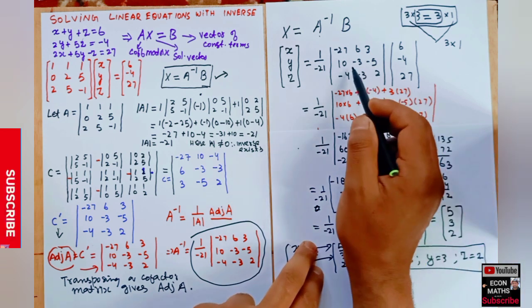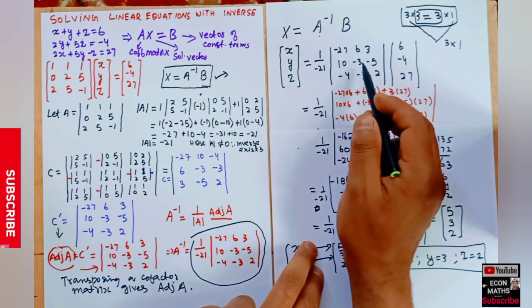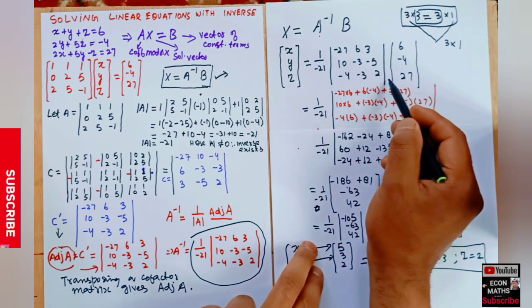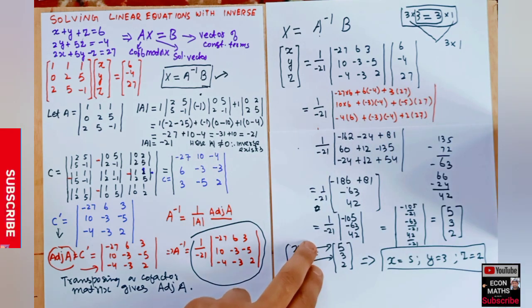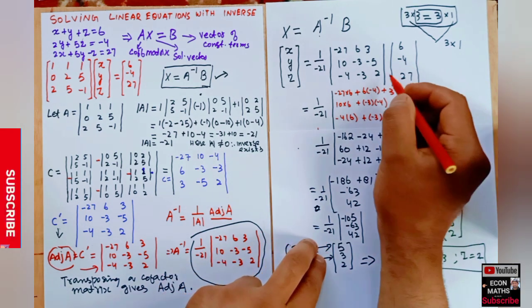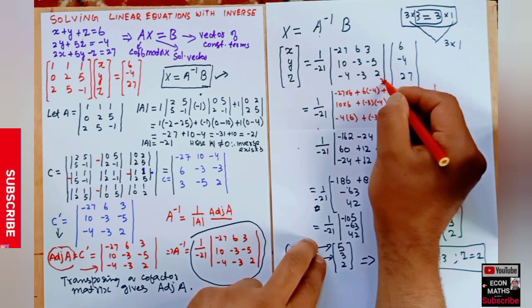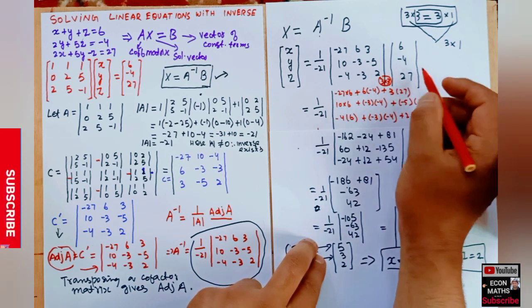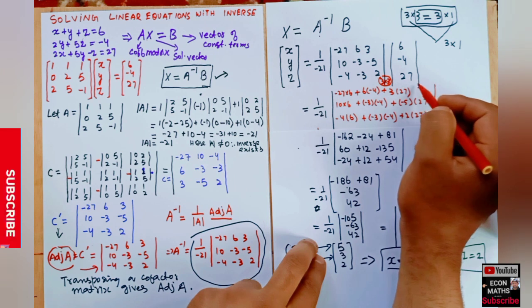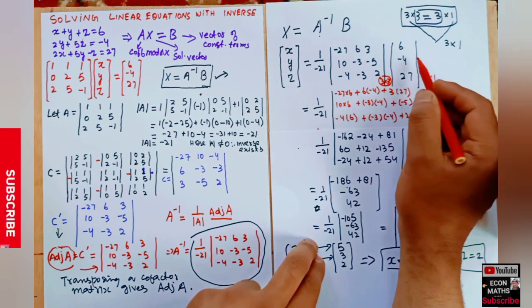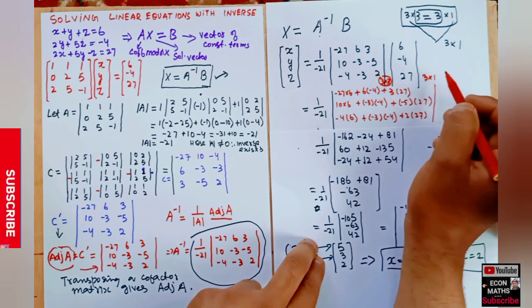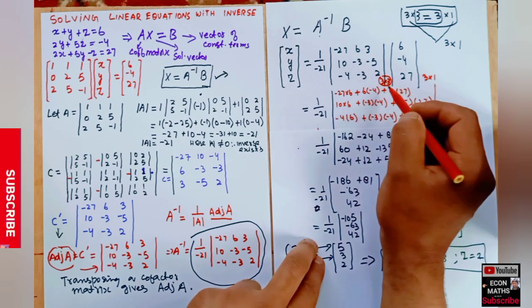We take the first matrix and see its dimension. The dimension of this matrix was 3 by 3. The second matrix has dimension 3 by 1. That means the number of rows is 3 and the column is 1.